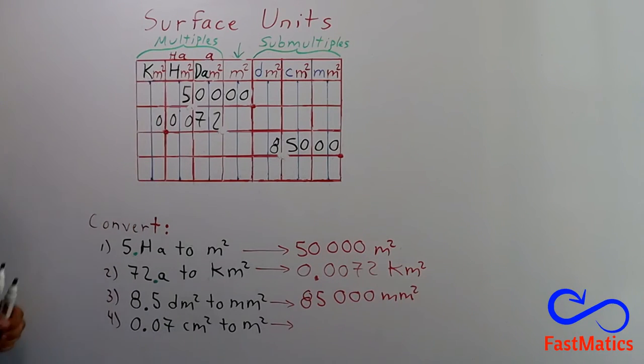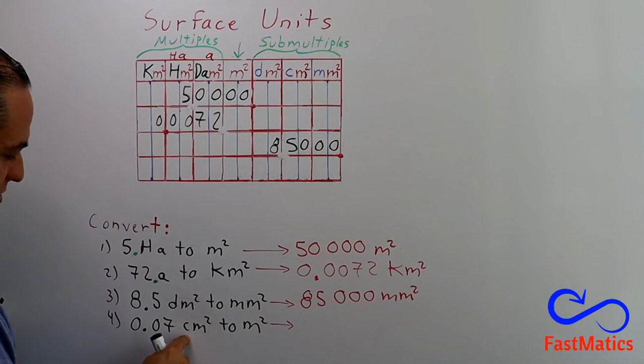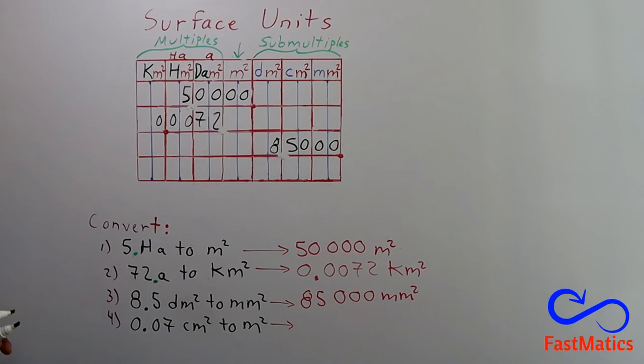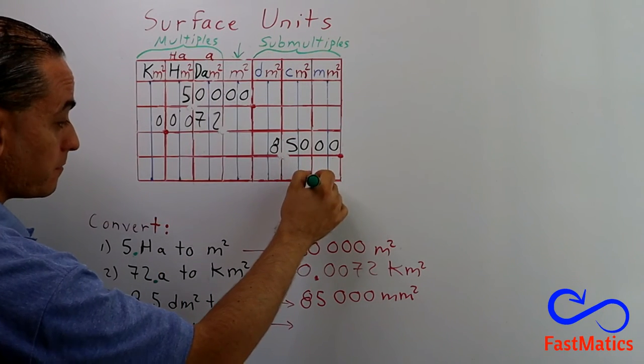Finally, convert 0.07 centimeters squared to meters squared. So you identify the decimal point, you put it at the end of centimeters squared.